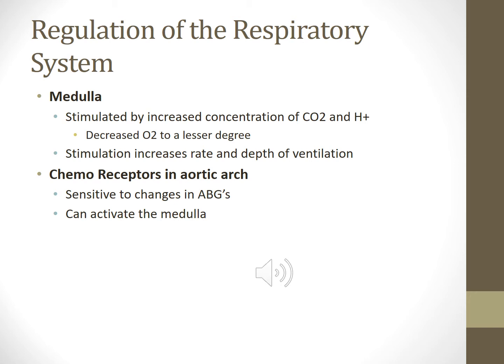If we have a patient with conditions that cause chronic changes in their oxygen and carbon dioxide levels, then we may see that their chemoreceptors become desensitized and they are not able to regulate their ventilation adequately. That is based off of this drive or the stimulation within the medulla.